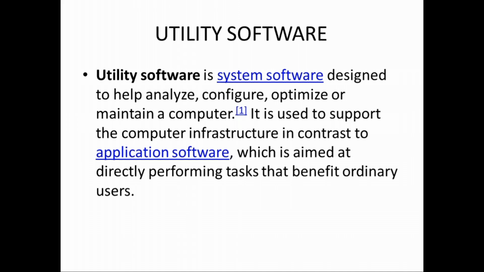Now, let me give you a basic example of a utility software. Antivirus. An antivirus is an example of a utility software. So what antivirus does is that it helps to enhance the protection of your system from viruses.